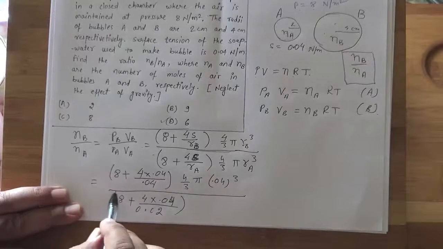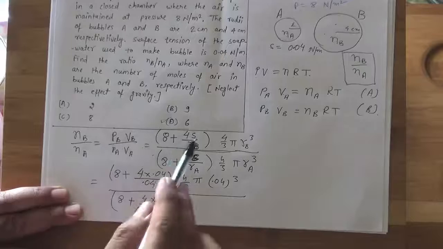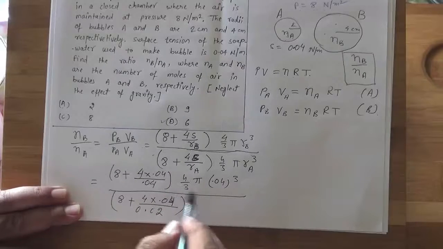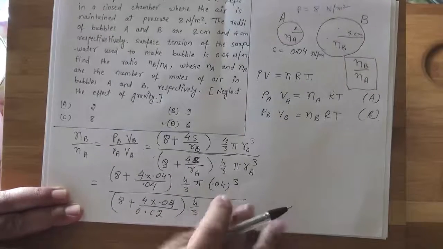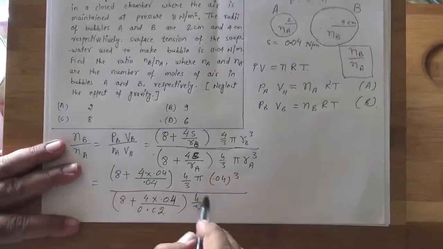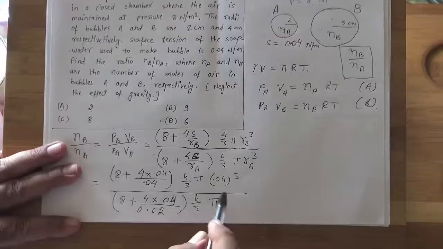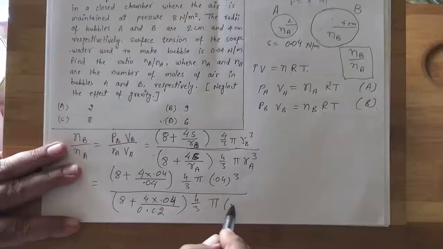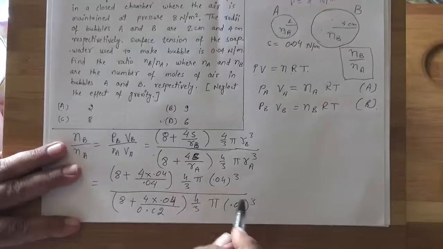This is pressure into volume 4 upon 3 pi 0.02 cube.